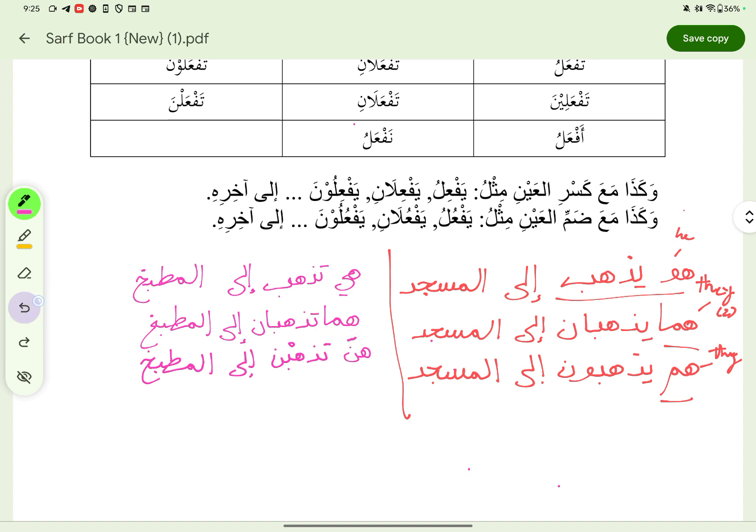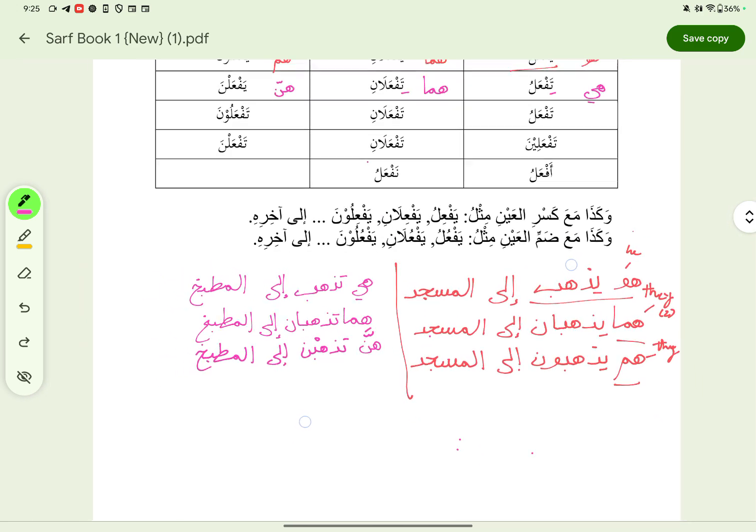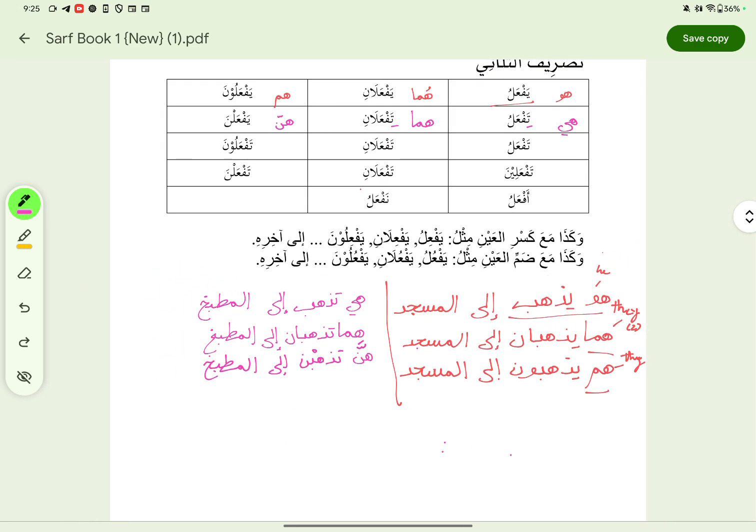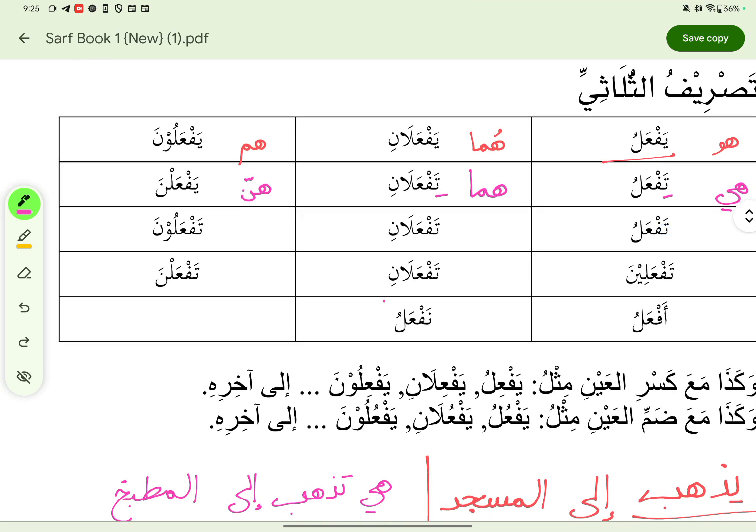Right? I'll write it. تذهبن إلى المسجد إلى المطبخ. Okay? And this is the difference between the male and the female. Notice this is a sigha, as you can see, a formula.